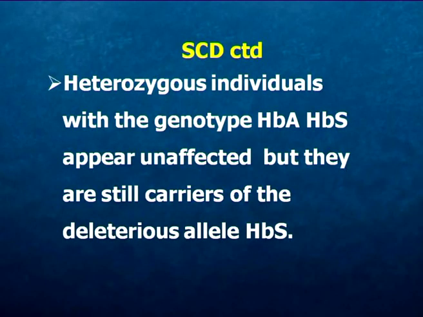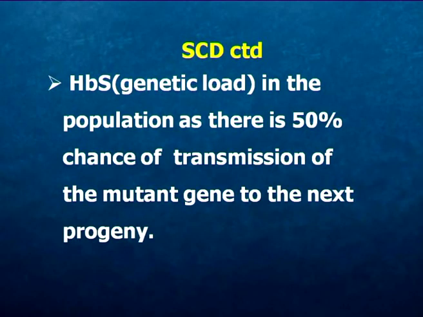What is the deleterious allele? Harmful allele? HbS. Now, these people who are heterozygotes, though they do not express the sickle cell disease, they remain as carriers of sickle cell disease in the population. So, that way there is 50% chance of transmission of the mutant gene to the next pregnancy.